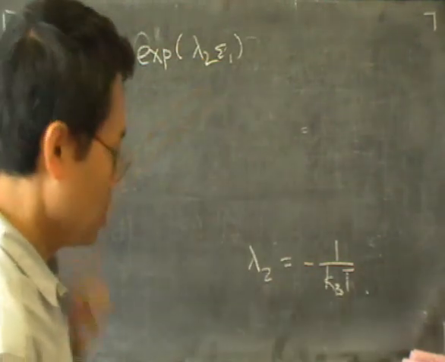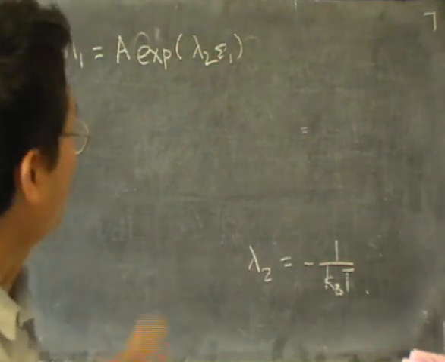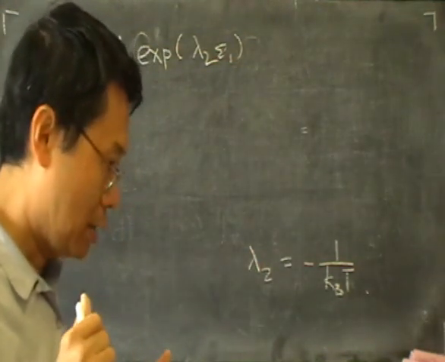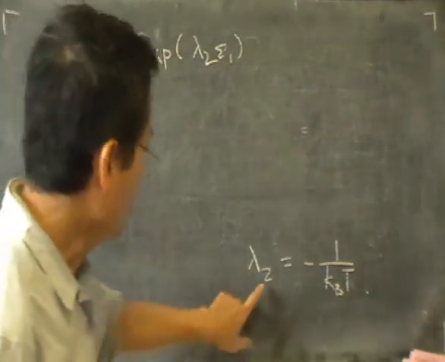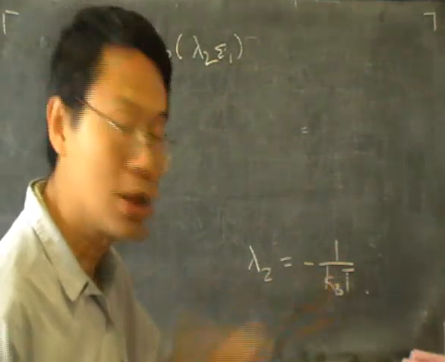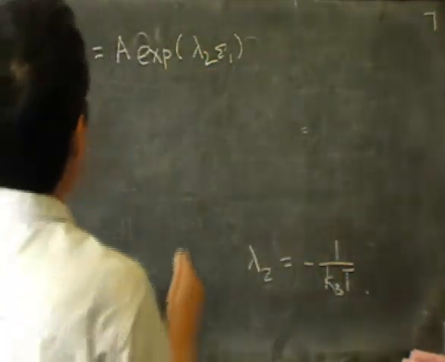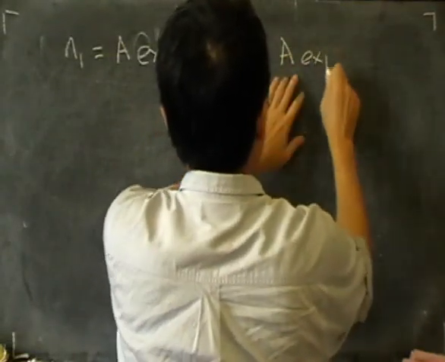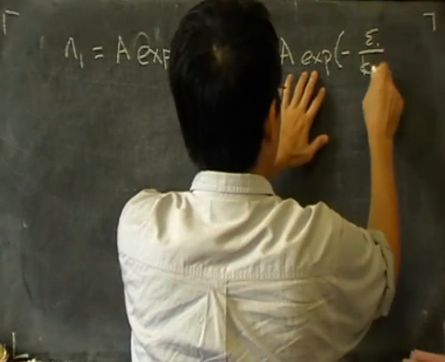It was lambda 2 that was difficult. And we have now shown that using Boltzmann postulate and thermodynamics, lambda 2 is equal to minus 1 over kBT, and we can now plug this into here to give us A exp minus epsilon 1 over kBT.